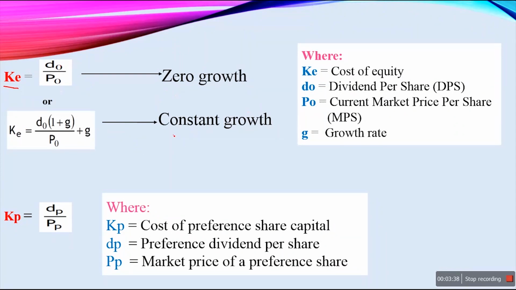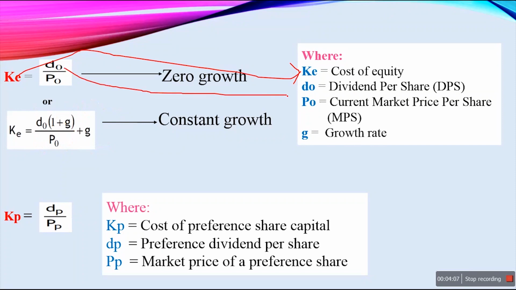But in the case where there is growth, then the formula changes: KE is given by D0 into (1 plus G) divided by P0, and then you add G. Please note that the G is added after getting the solution on this side. The KE here represents the cost of equity.